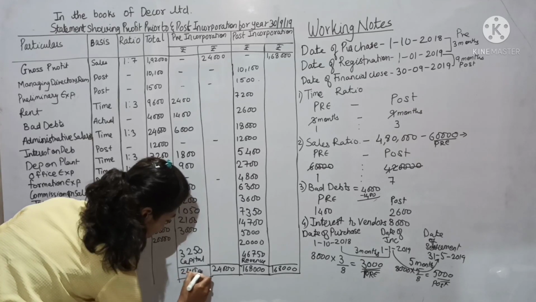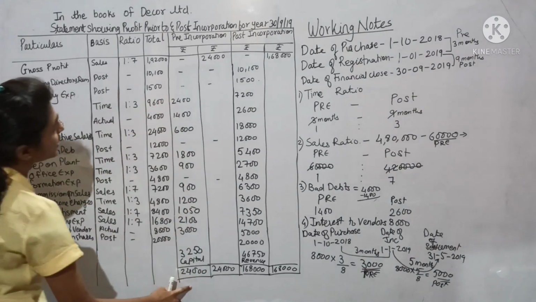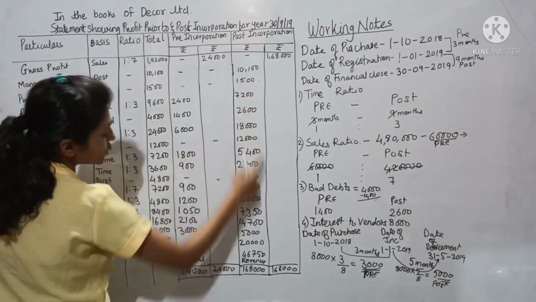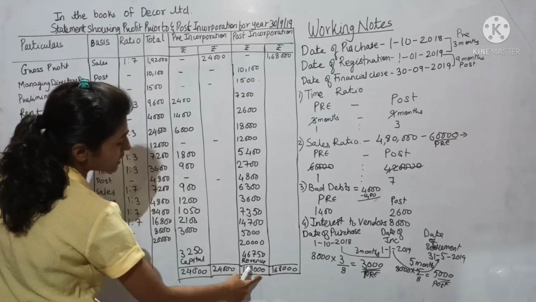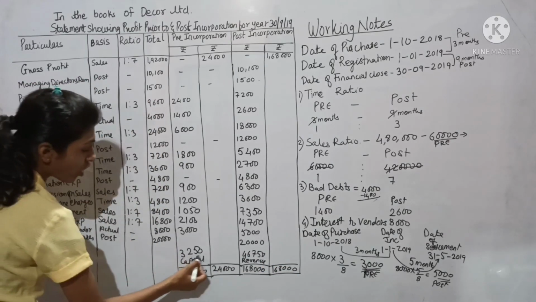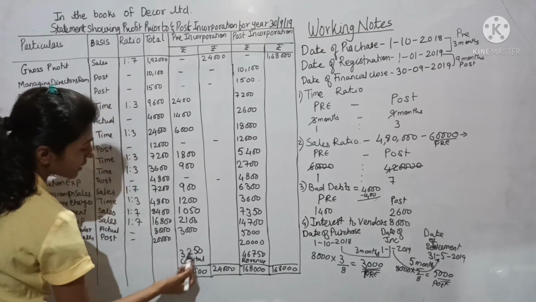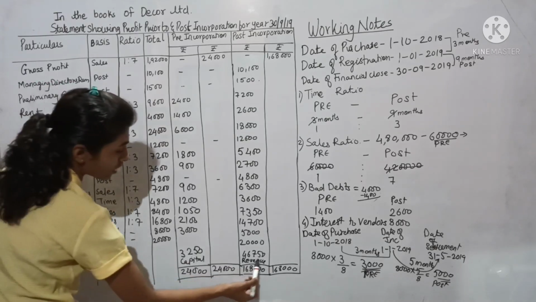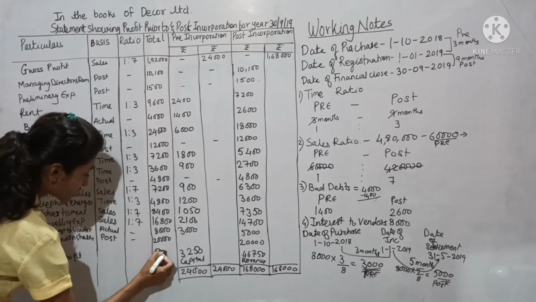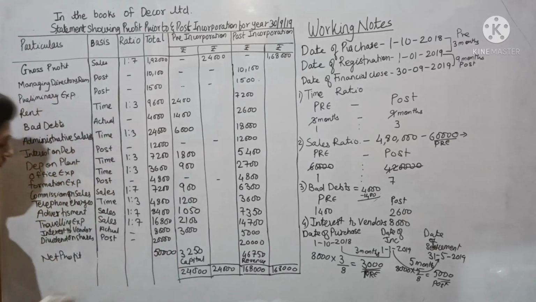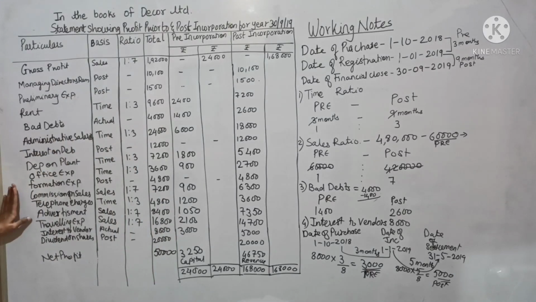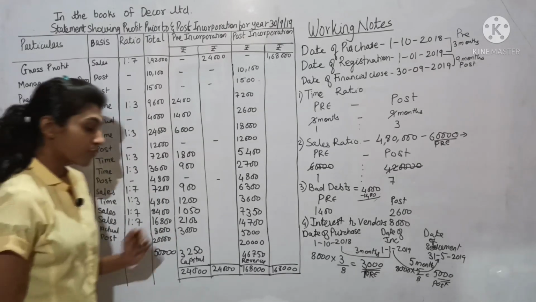Now see, the debit side and credit side of pre-incorporation are the same. For post-incorporation, debit side 1,68,000, credit side 1,68,000. So the total of both, 3,250 and 46,750, is 50,000. So 50,000 is the net profit.